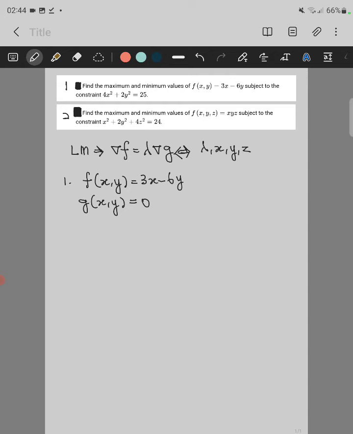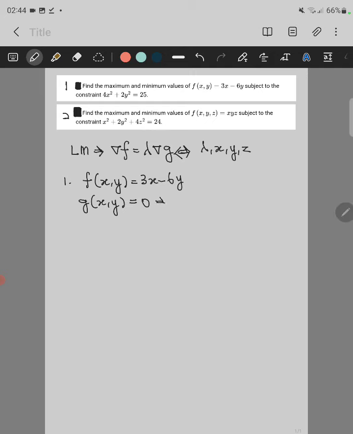I think I forgot to mention this about g(x,y) in my introduction video, so I just want to add this information. To define our g(x,y), we need a condition that g(x,y) is equal to 0.